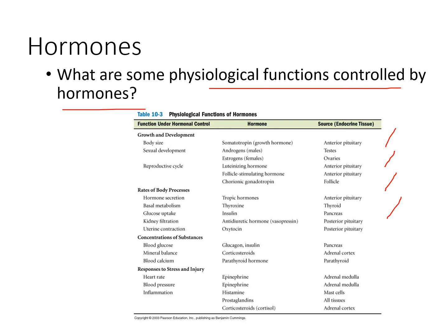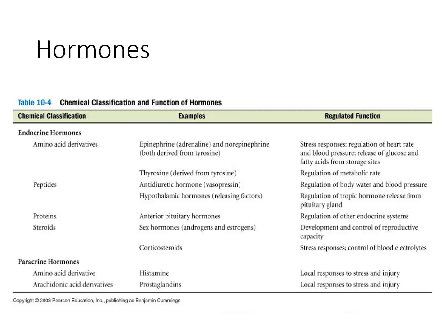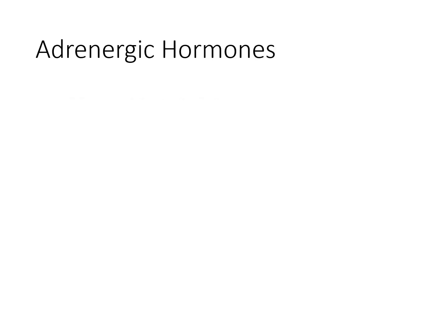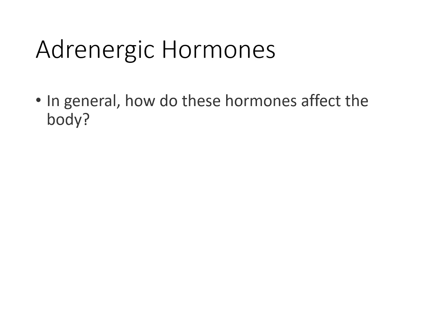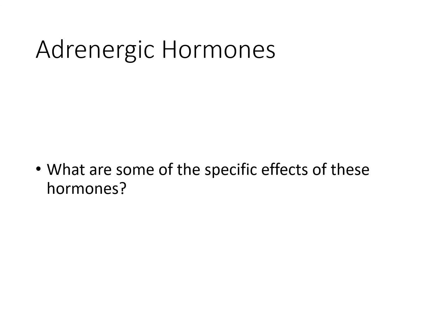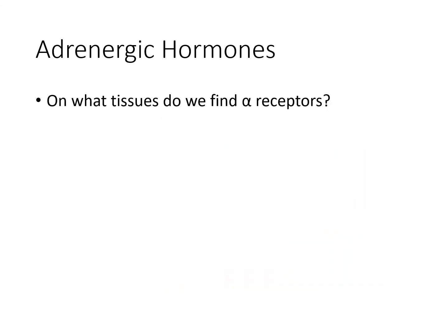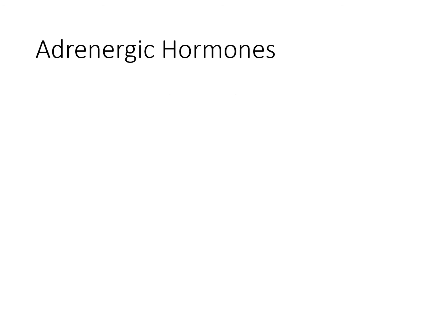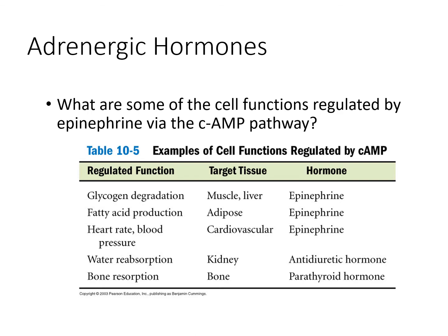And you do not need to memorize this, but you have to understand the basic concept of the mechanism. All right, so the adrenergic hormones and also cholinergic hormones, how do they work, and how do they actually interact with the receptor, and what are the receptors needed for this kind of hormones.